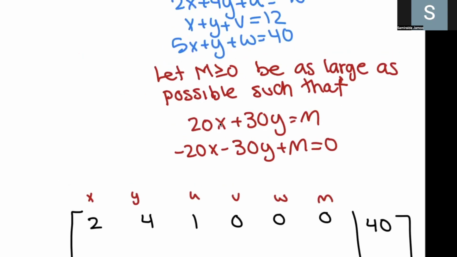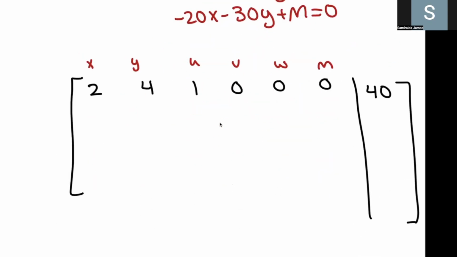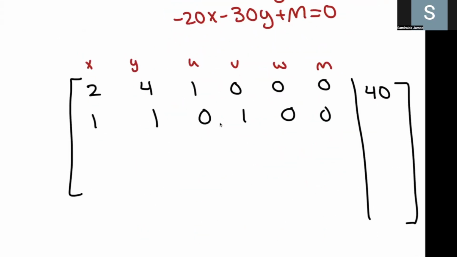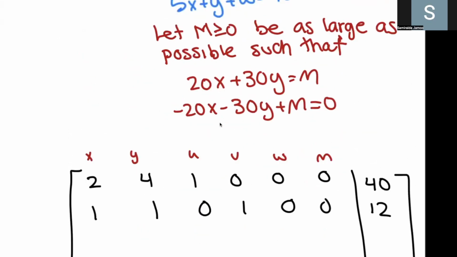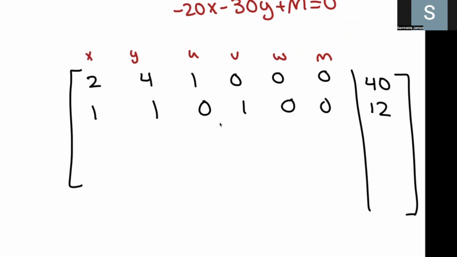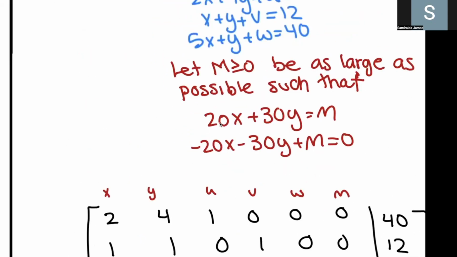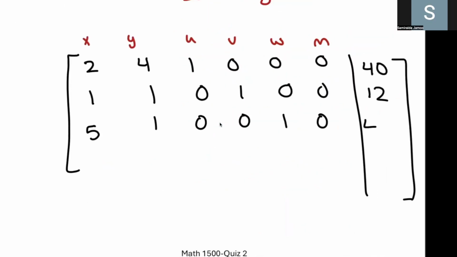The next one is 1, 1, 0, 1, 0, 0, and this needs to be 12. Next one, we got 5, 1, 0, 0, 1, 0, and that's 40.